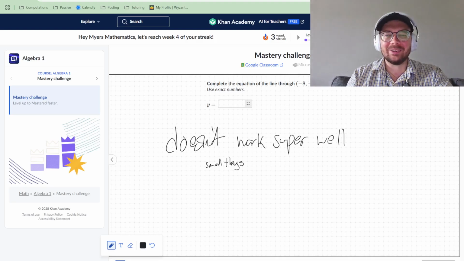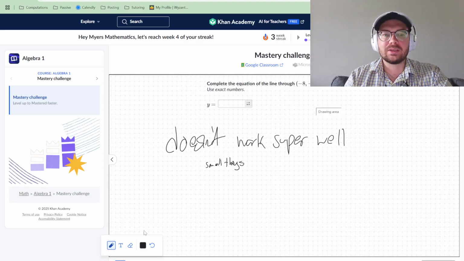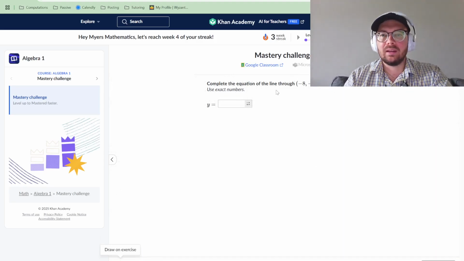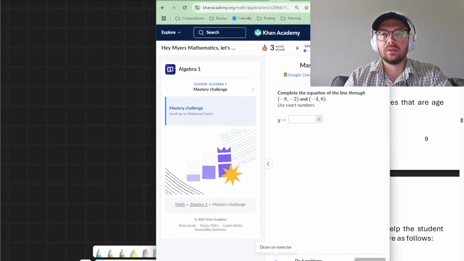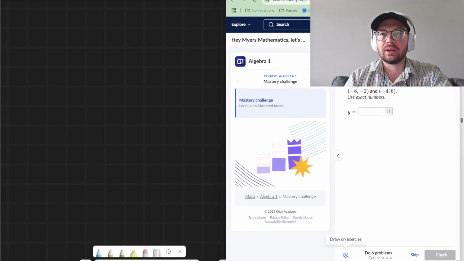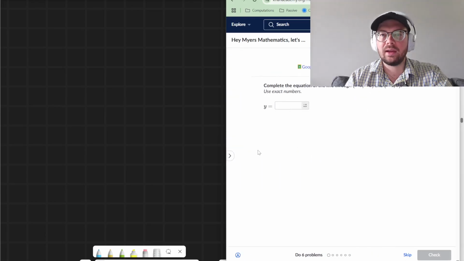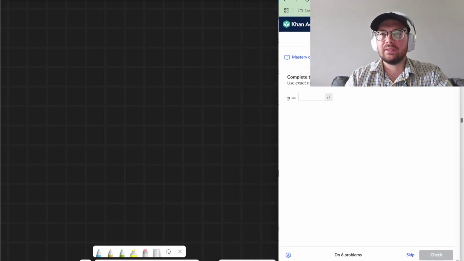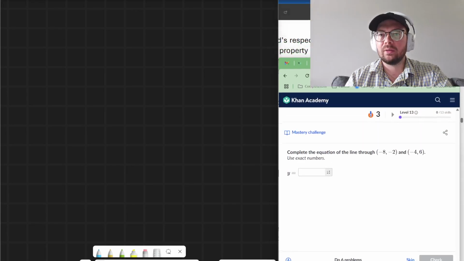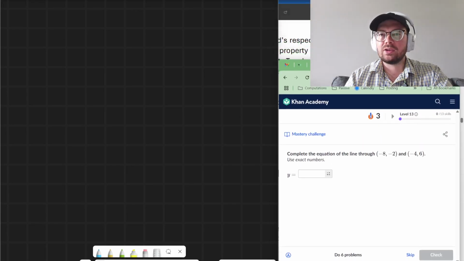But I've found that this built-in board doesn't work as well as other ones usually. So I'm going to copy these problems over, or probably minimize and make that a little smaller, and we'll use the board that's over here. I'm going to bring this like this and pull this over here. Now, you're not going to be able to see this until I pull this down, so I'm going to pull this down, and now you should be able to see that.